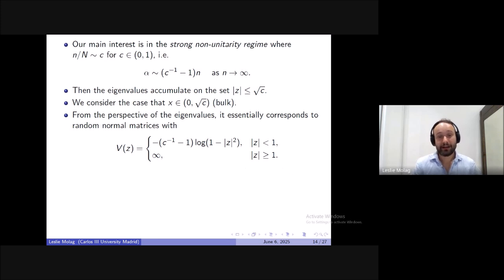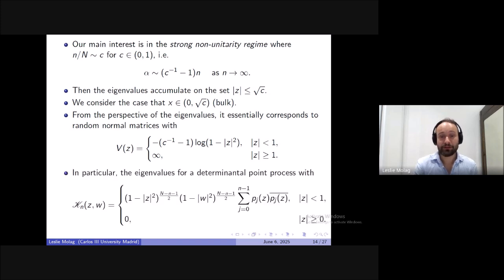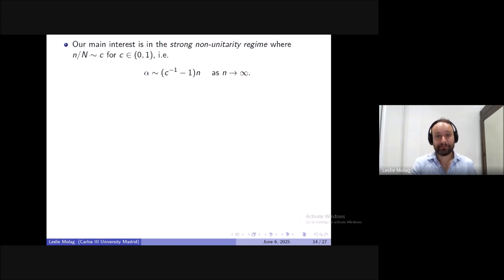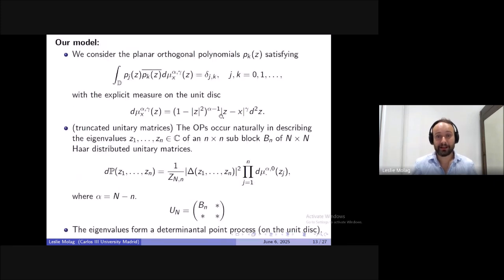By exactly the same arguments as before, you can show that this is a determinantal point process with some kernel K_n that you see here, which in particular is constructed with the planar orthogonal polynomials of this weight here.